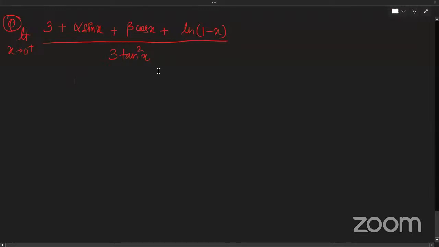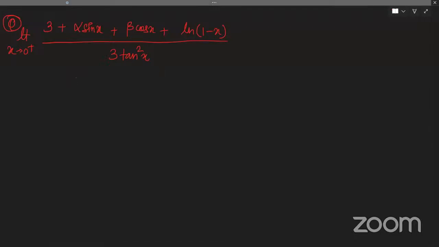So first of all, I have this tan square x that is disturbing me in the denominator. What can I do to it?